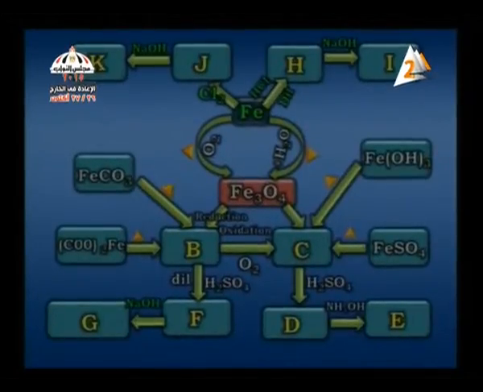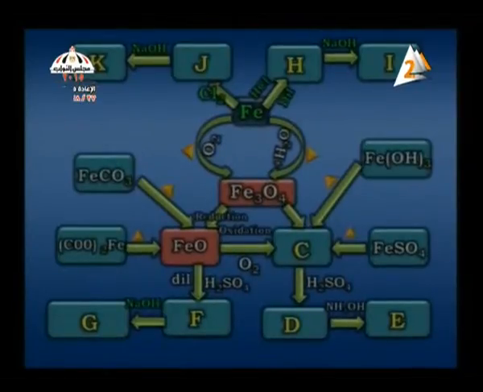Then to get compound B, we have to reduce magnetic iron oxide, or heat iron carbonate, or heat iron oxalate. If you write this equation, my dear student, you will find that compound B will be iron 2 oxide.